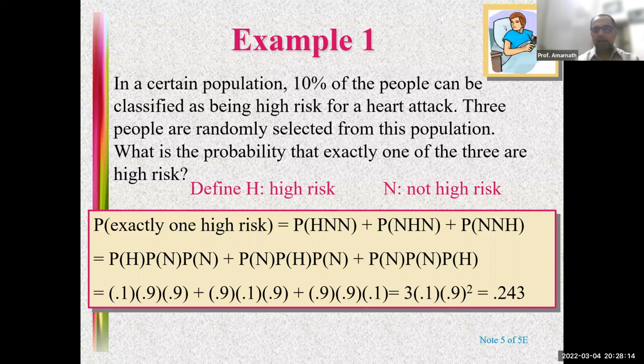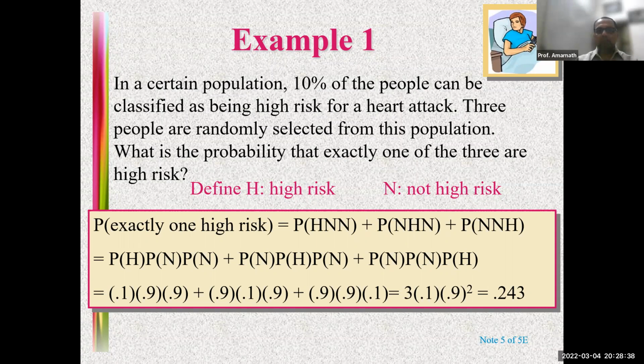So the probability of exactly one high risk is 0.243. This is the answer.